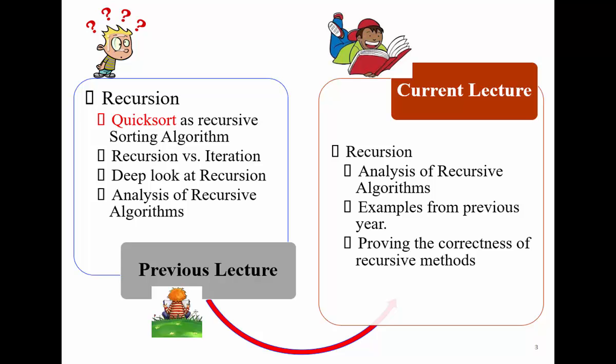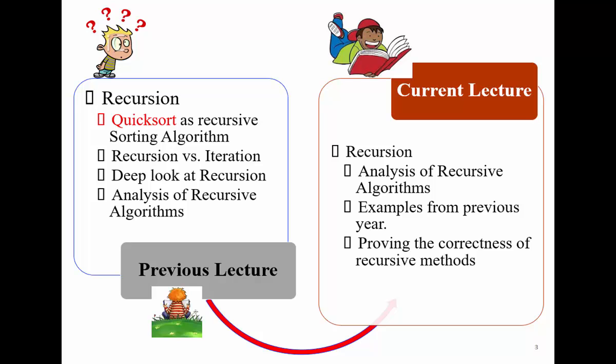Students are given an API for a recursive method, and we ask them to implement it. We have some examples we will discuss today. I would like you to look at this example and see how the other students, when they read the API, approach the problem. Also, we look at how we can prove the correctness of any recursive algorithm.